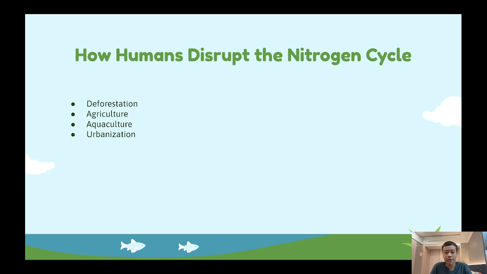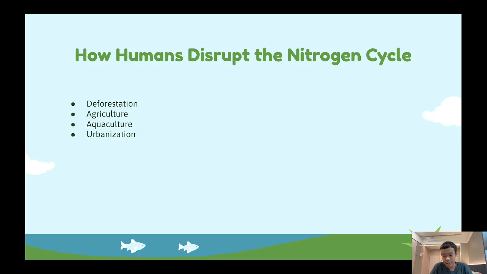The second way is through agriculture, mainly through the tilling of the soil and harvesting crops before they decompose, which removes nitrogen from the system. We've also added way too much fertilizer, and these excess nitrates and nitrites usually run off into waterways, causing eutrophication.